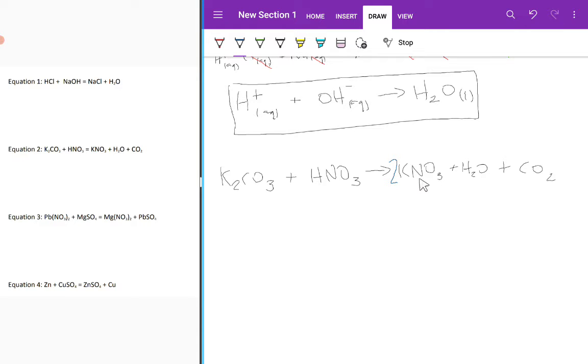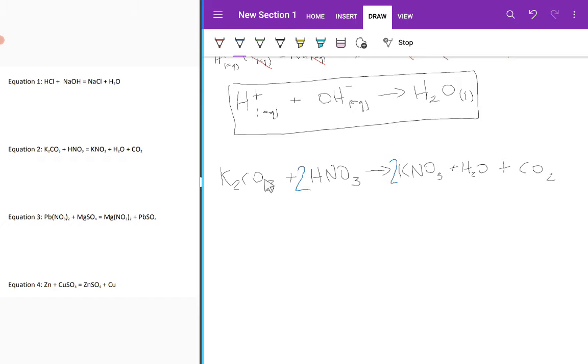We have two H's on the right, but only one H on the left. And we have two NO3s on the right, but only one NO3 on the left. So we also need to multiply that by 2. When we multiply this by 2, we end up with two H's, two NO3s. We have two K's and two K's.